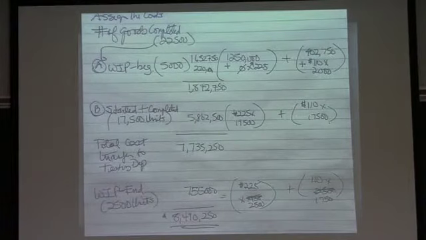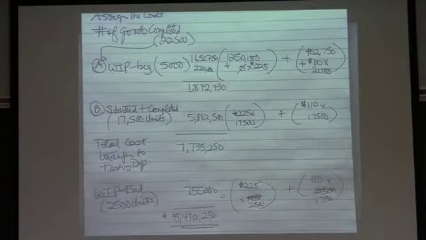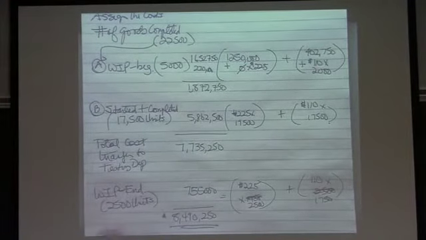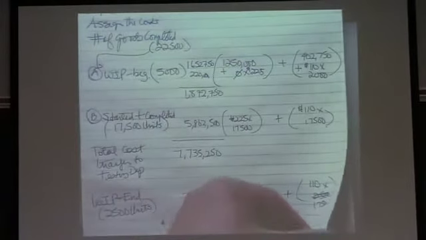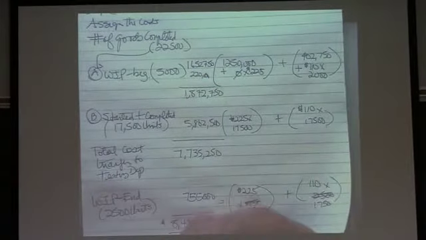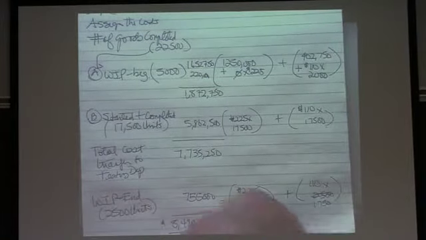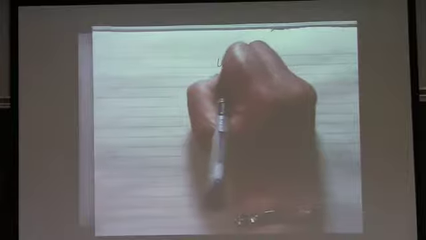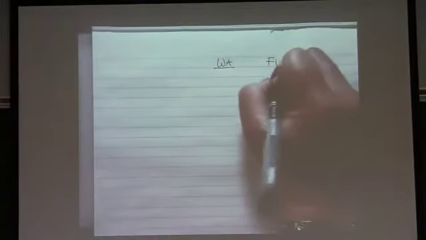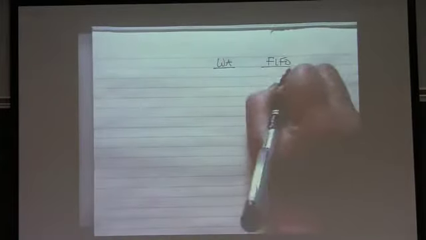Now, part 2 of the question asks us to analyze the results, the difference between the two methods. So let me summarize the other method for you. Under the weighted average method versus the FIFO, let's write down the FIFO.